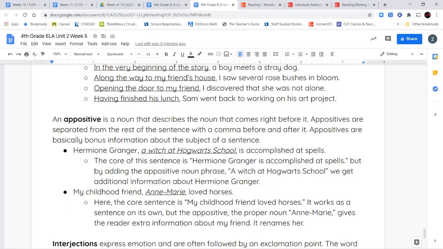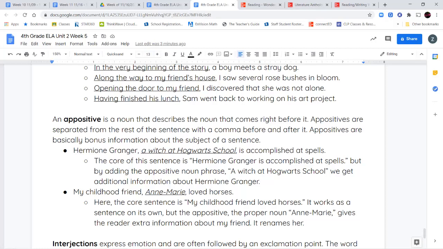So if I say Hermione Granger, a witch at Hogwarts School, is accomplished at spells. Now, my appositive phrase here is a witch at Hogwarts School. The main part of the sentence is Hermione Granger is accomplished at spells. I can pull that whole appositive phrase out and my sentence is still complete.